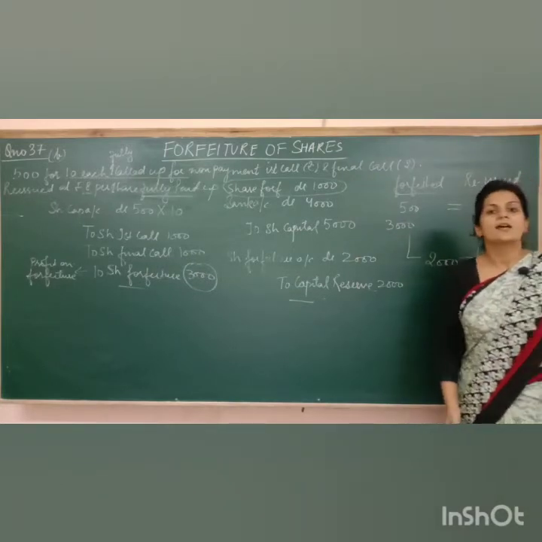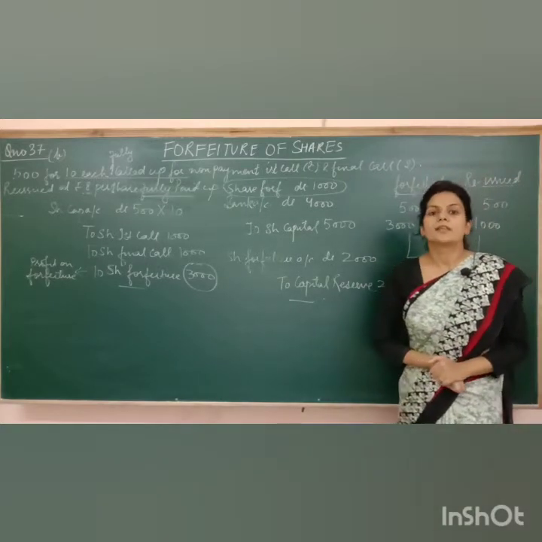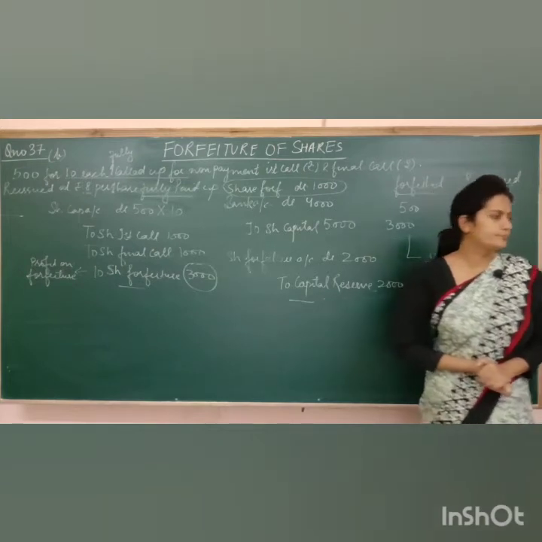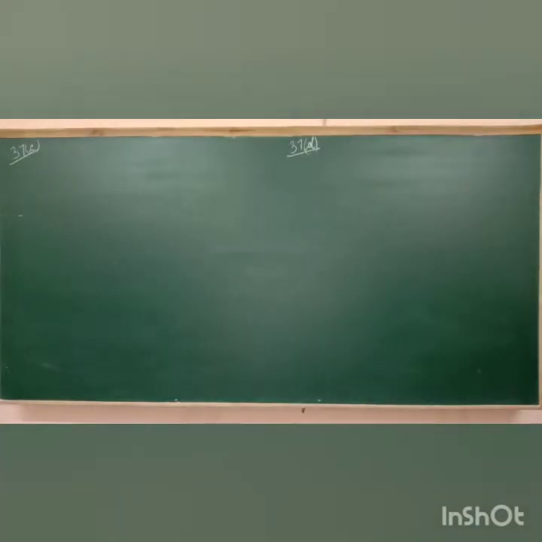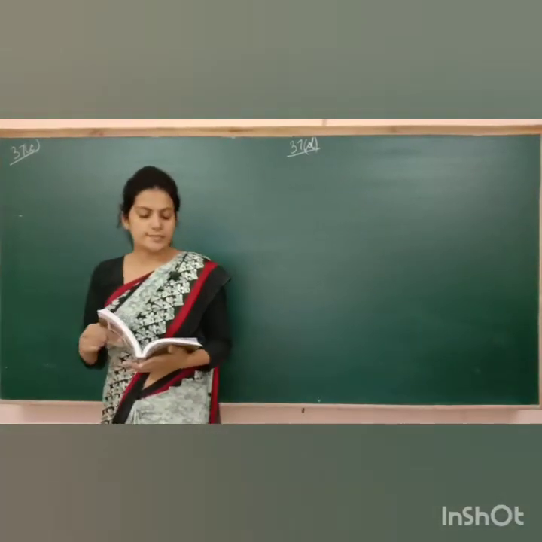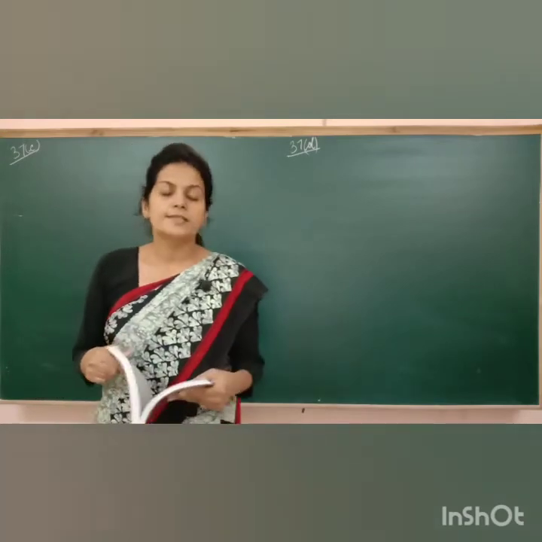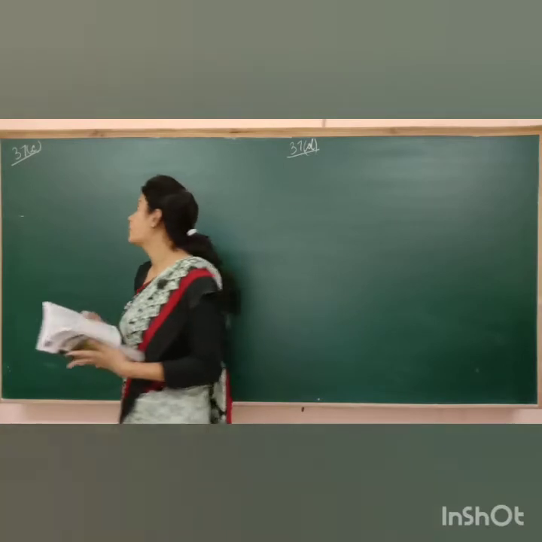Next topic means the C part of the same question. Till now we have discussed 37B part. Now take out 37C part. Yes students, so now let's discuss the next part, that is 37 question C part. Read it. C Limited forfeited 600 shares of ₹10 each fully called up.